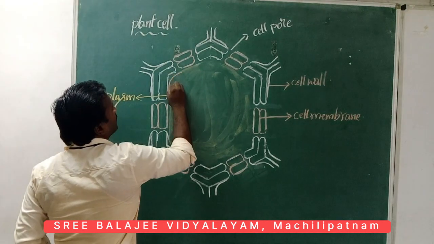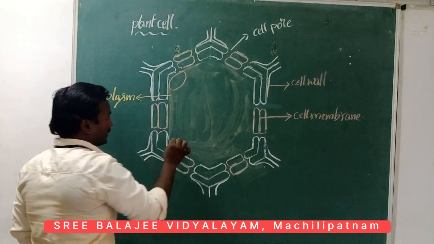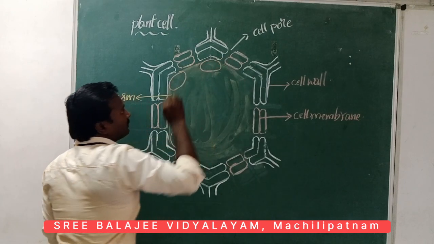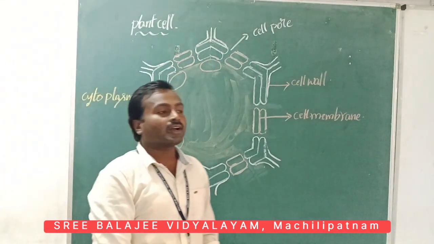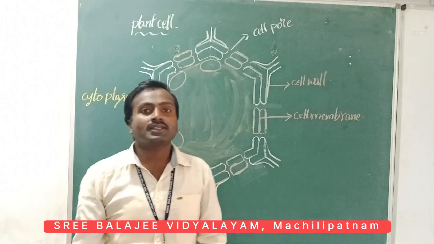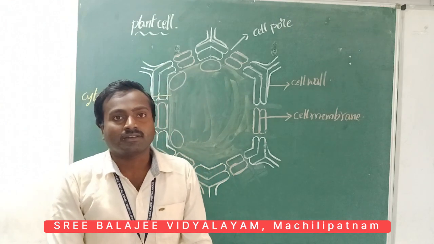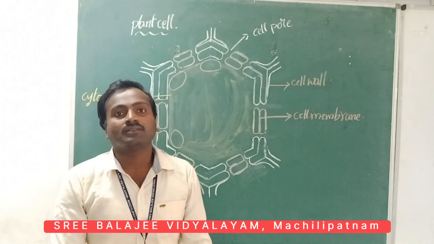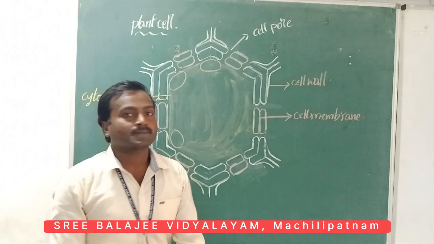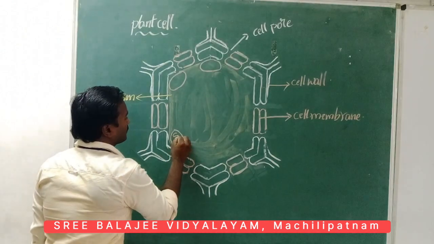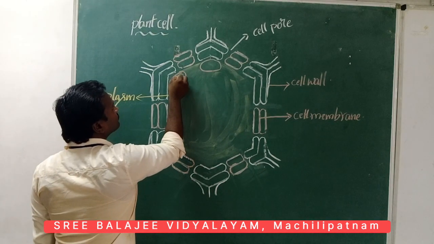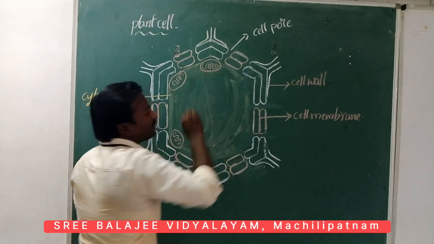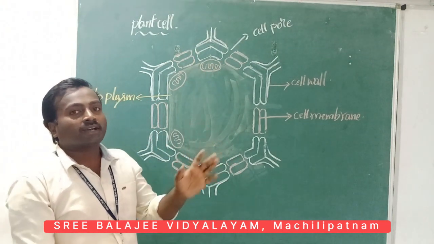One of the organelles is mitochondria. In the plant cell or animal cell, mitochondria are present for the release of energy. Each and every cell contains 100 to 150 mitochondria. So, this is the mitochondria. Here, I am unable to draw 100 to 150 mitochondria.